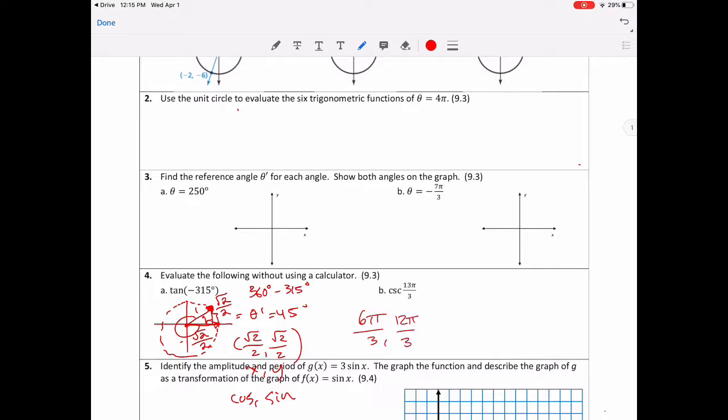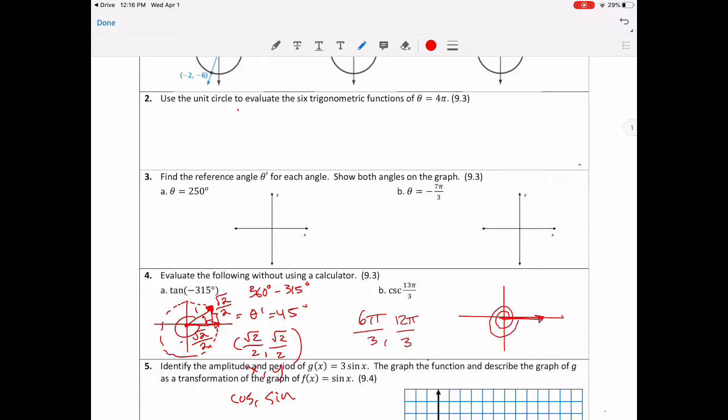So I know I've got at least 2 complete revolutions. Initial side. And it's positive, so we're going to go in the positive direction. So let's start here. Counterclockwise. 2 pi. 4 pi, or 12 pi thirds.